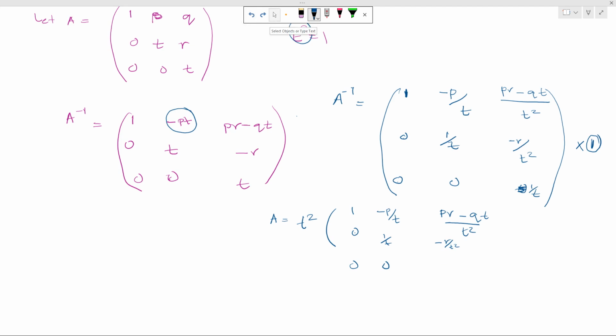So this will be equal to 1, minus P divided by T, and I just want to write down the entries here, 0, 0, 1 divided by T. Now if I multiply all the entries in the matrix by this T squared, then I will obtain the answer.